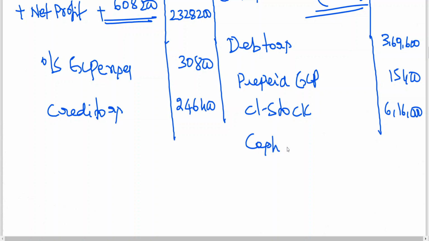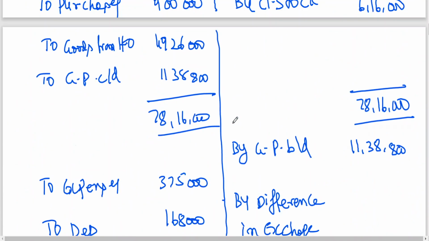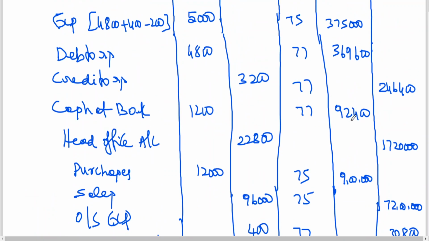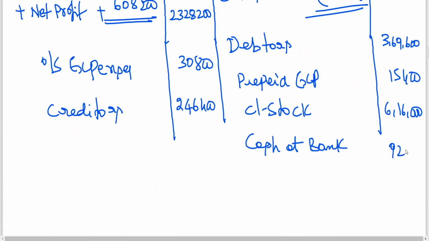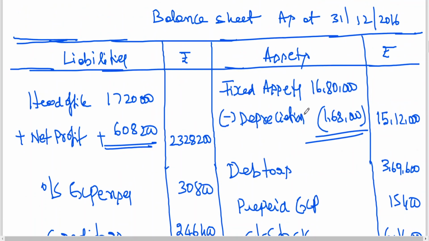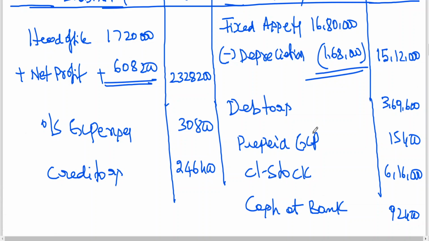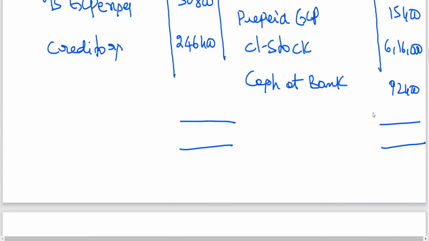Then cash at bank, 92,400. Yes, you can cross check: 15 lakhs 12,000 plus 3,69,600 plus 15,400 plus 6,16,000 plus 92,400 is 26,05,400.